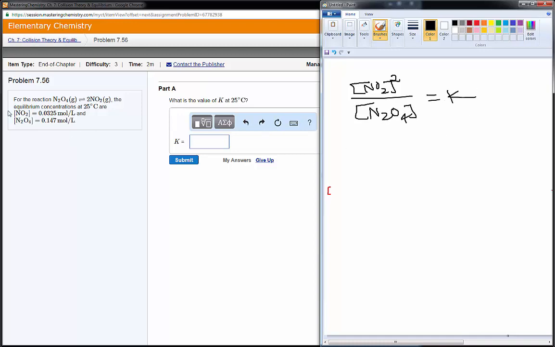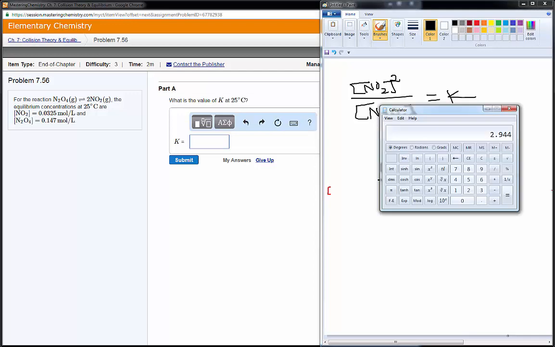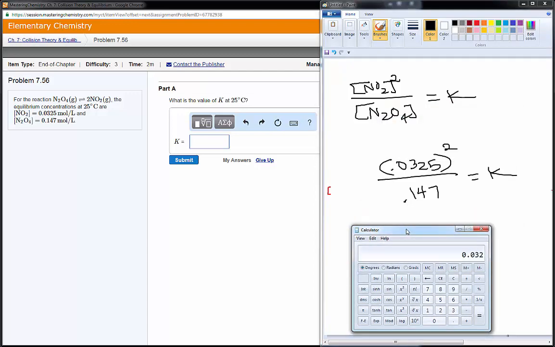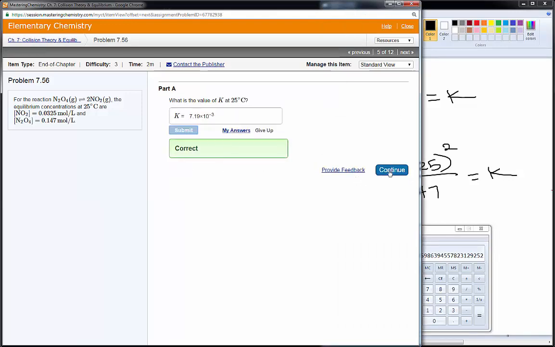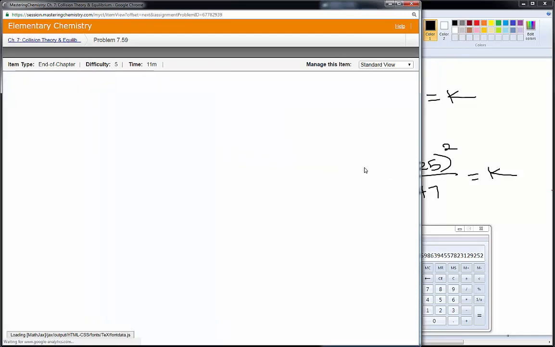That's K. And since the NO2 is 0.0325, and that's squared, divided by N2O4 is 0.147, I can plug those in. I get a K value of 0.00719, or 7.19 times 10 to the minus third. If I put that in scientific notation, either is appropriate.